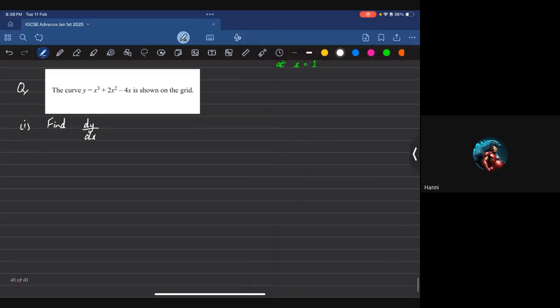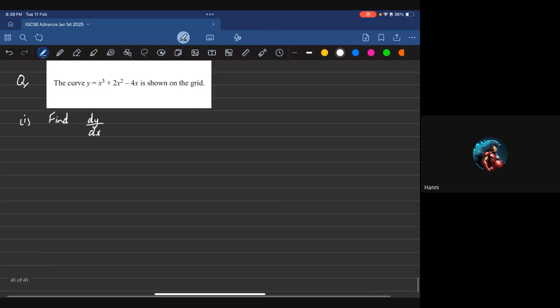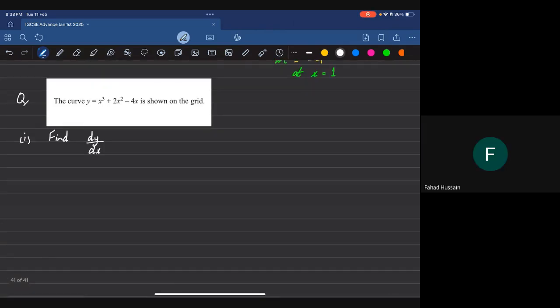Okay. Fahad will guide us through this. Yes, Fahad. Guys, put your hands down. Sir, do I just tell the answer? Okay, tell us the answer. Sir, 3x squared plus 4x minus 4. Wait, 3x squared plus 4x squared or something? No, sir, it's only 4x minus 4. Yes, sir.